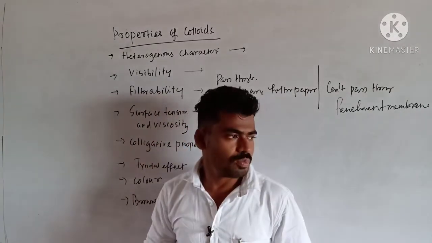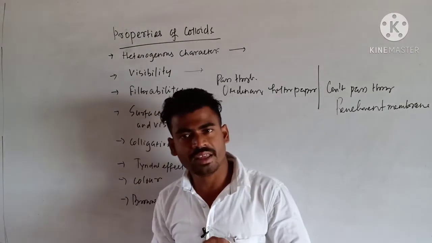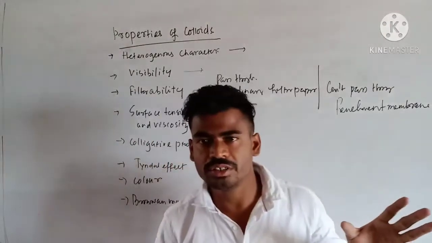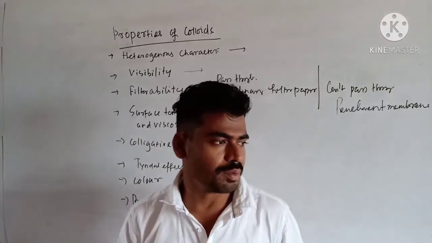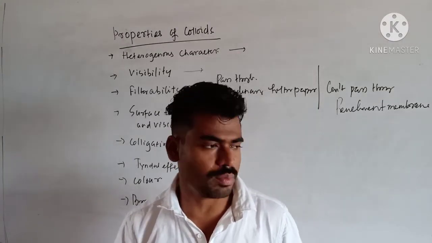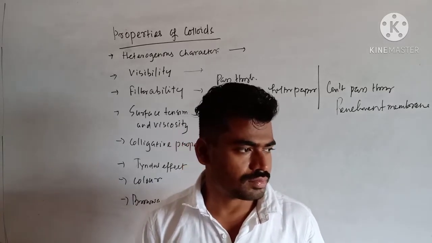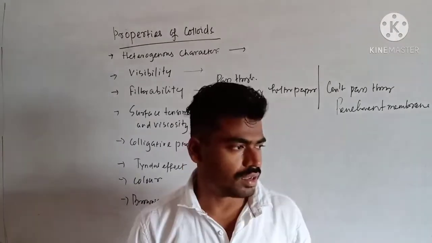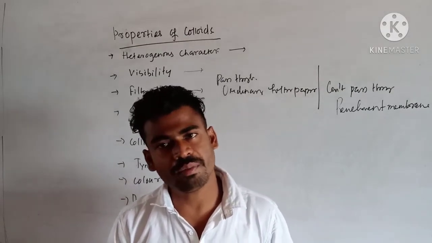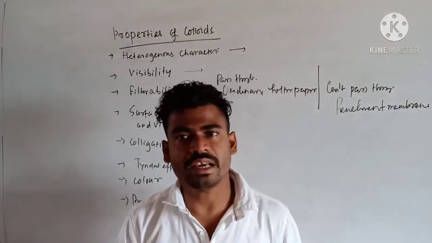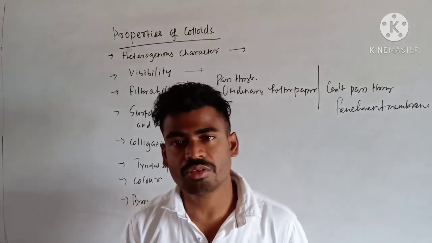By passing water, the crystalloids which are dissolved completely can pass away with the current of water. But the colloidal particles, due to their large dimensions, can't pass through the parchment membrane. As a result, you can easily isolate the colloid sol. That process is known as dialysis.